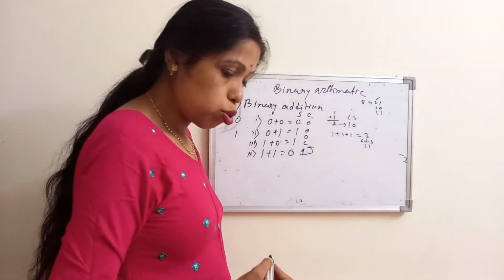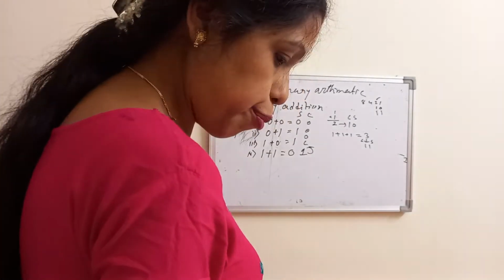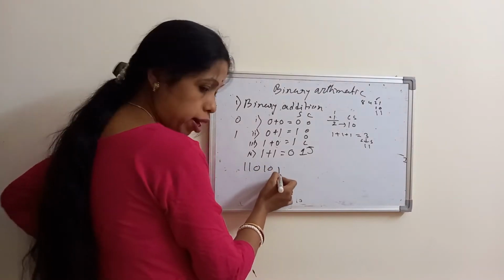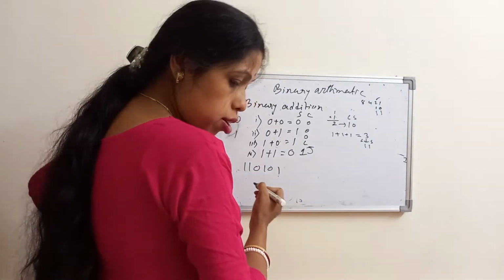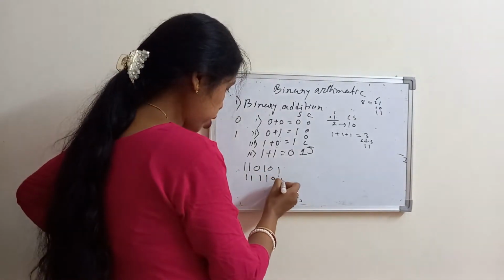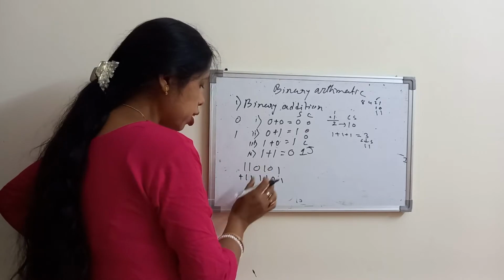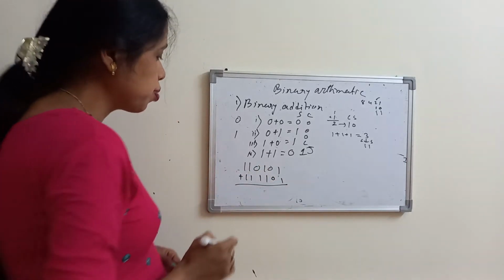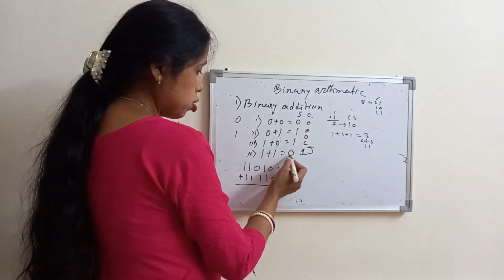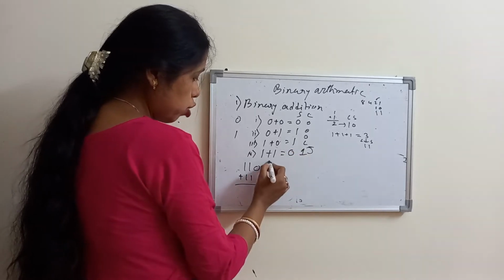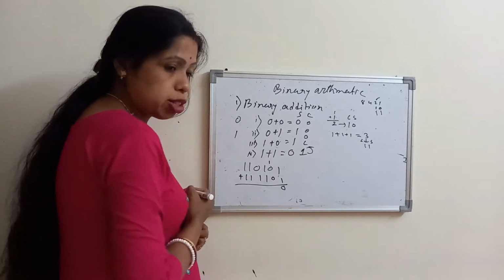I am giving you one example. Suppose 1 1 0 1 0 1 and 1 1 1 1 0 1. If you need to add this number with this number, what will be your result? 1 plus 1, the sum will be 0 and the carry will be 1. This carry will become part of the next digit.